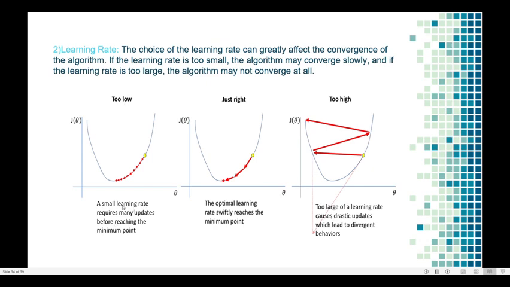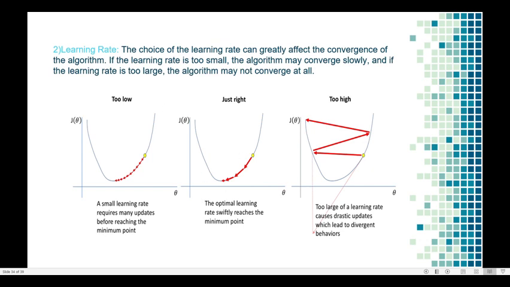If we choose too high, then the function will jump drastically, so we cannot obtain the minimum value. So we need to choose optimally and reach the minimum point.